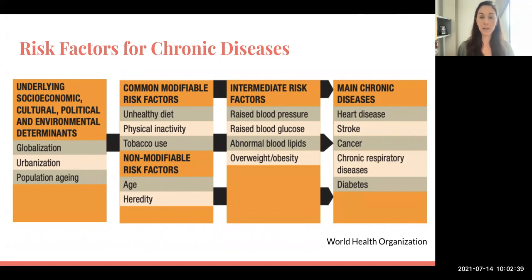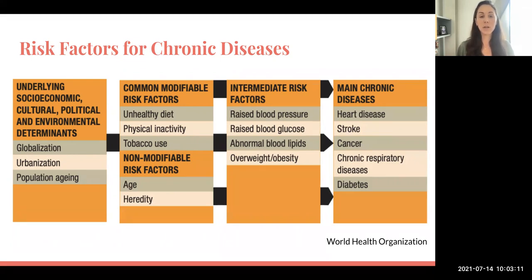We have less access to things like fruits and vegetables that are locally grown or right near us. And then we have an increase in things like cars, automobiles, planes, and other ways to get around that don't involve active transportation. So our environment reduces our need for physical movement and increases the availability of non-nutritious food sources that contribute to the development of chronic disease.